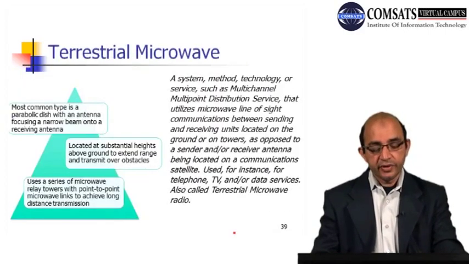Here we have microwave communication: a system, method, technology, or service such as multi-channel, multi-point distribution service that utilizes microwave line of sight communication between sender and receiver located on the ground or on towers, as opposed to the sender and receiver antennas being located on a communication satellite.